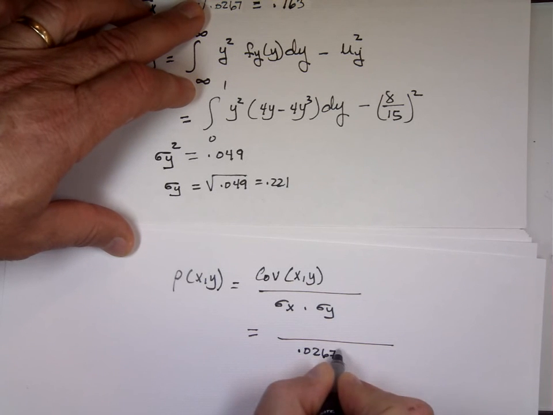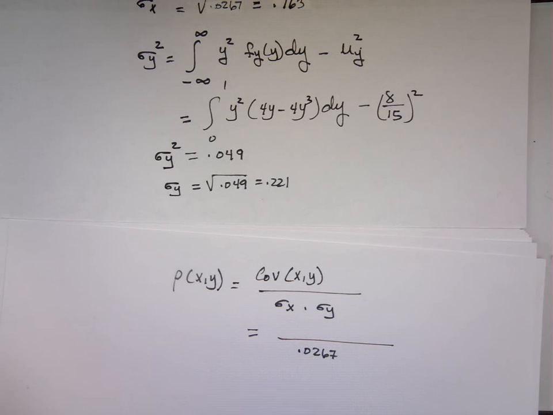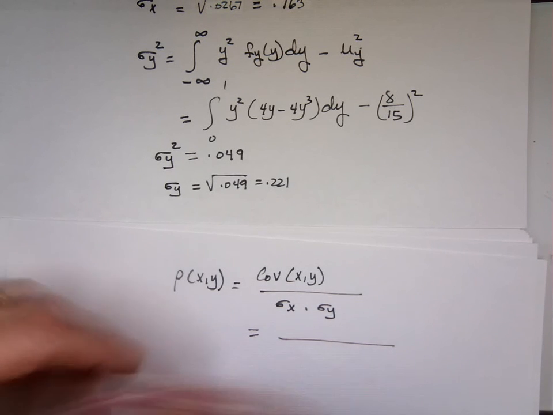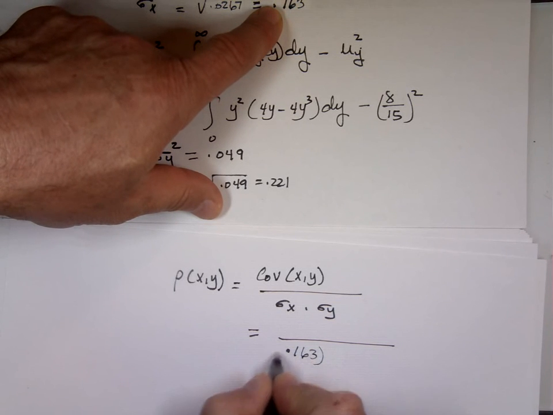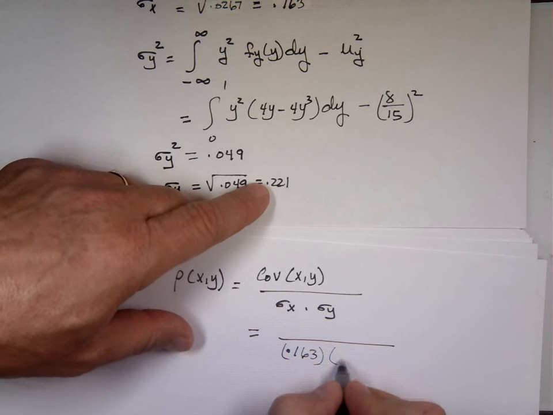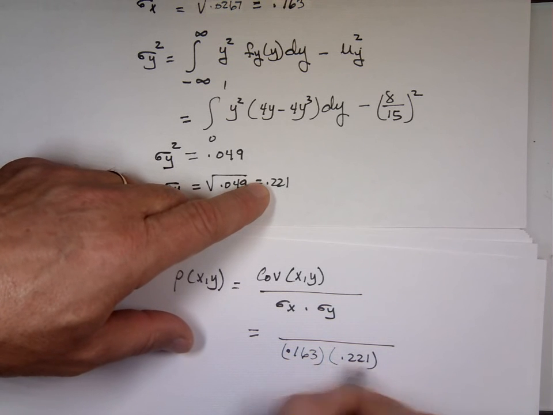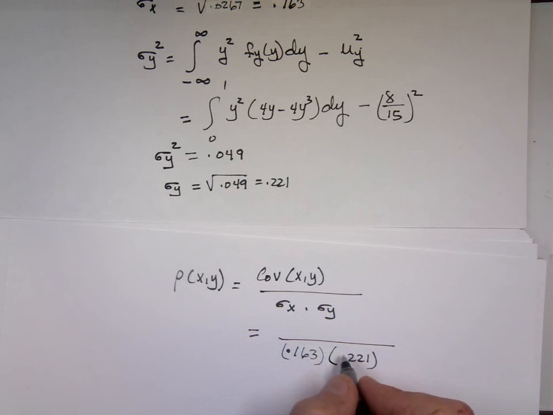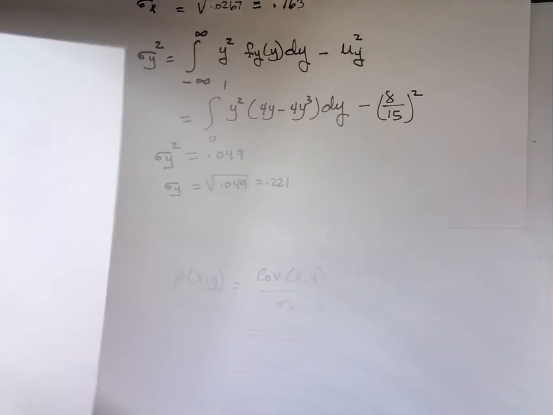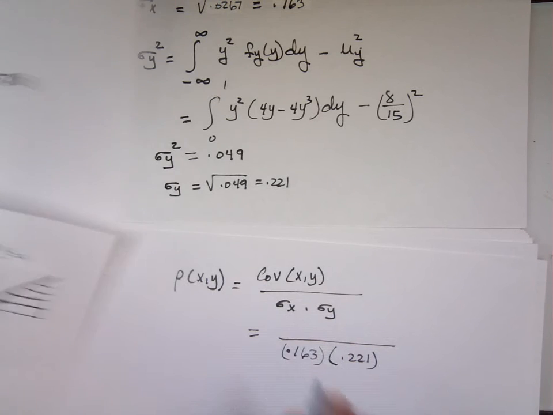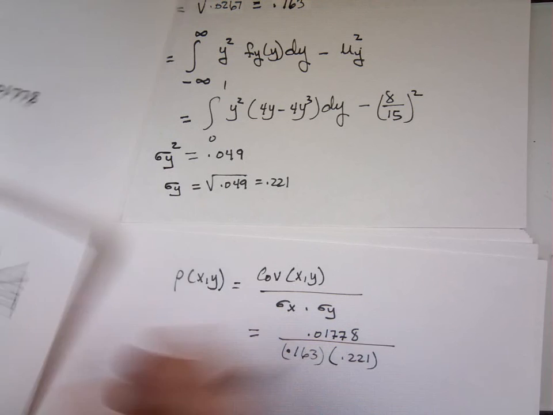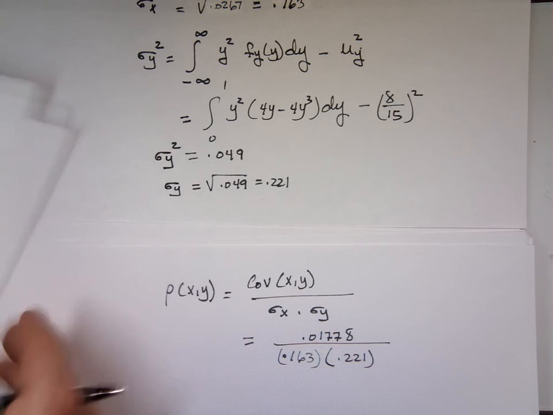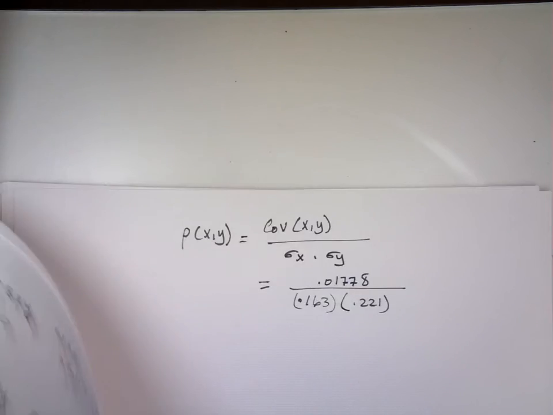Sigma y is right here, 0.163, and sigma x is 0.221. And what is the covariance? 0.01778, right? Do the math, and that's our correlation.